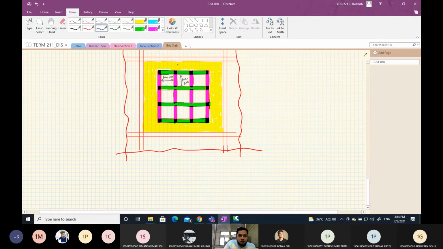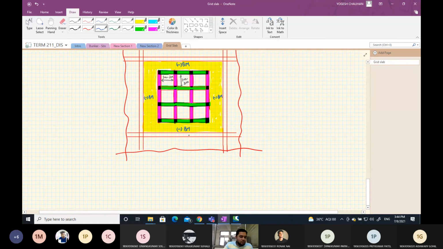So these are the zones where there is negative bending moment. Near the support we have negative bending moment, so at those locations we may provide solid slab, and in between we can have the grid floor.